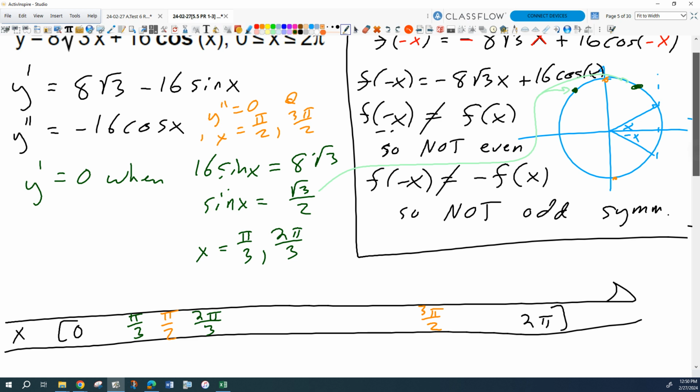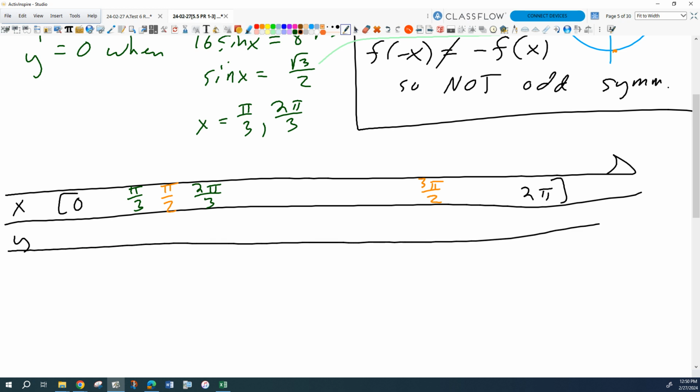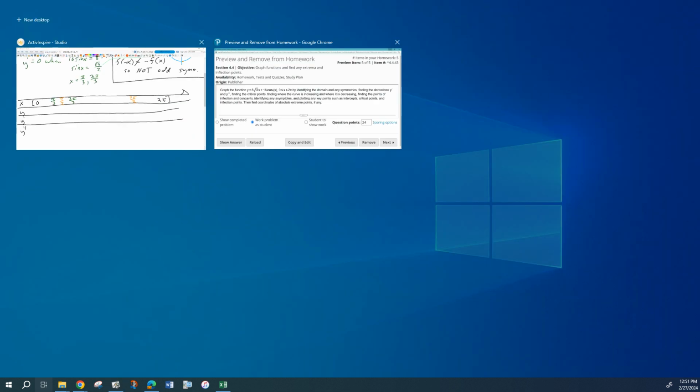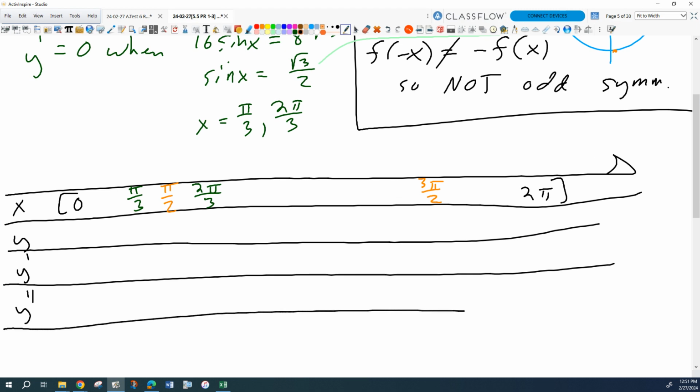And then we'll just figure out what's going on with all those. Okay, so these were zeros of the first derivative. These are zeros of the second derivative. So what do we do?